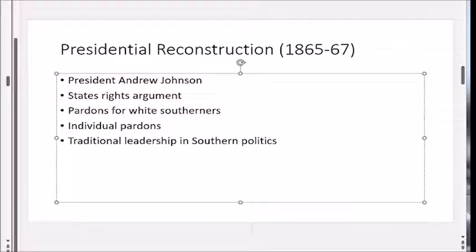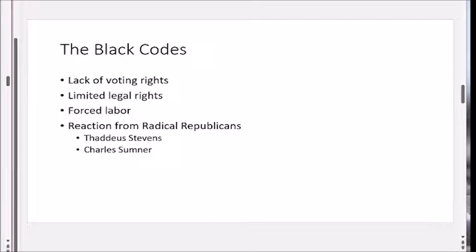Okay, and so they're back in positions of political power due to the policies of President Johnson, because he gave everyone a pardon and he gave them back their voting rights, their political rights, their legal rights. And so, what does this lead to now that these individuals are back in power? Well, it leads to a number of repressive laws that restrict the freedoms of African Americans. And these are known as the Black Codes.